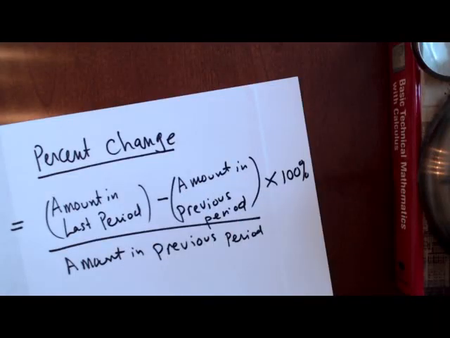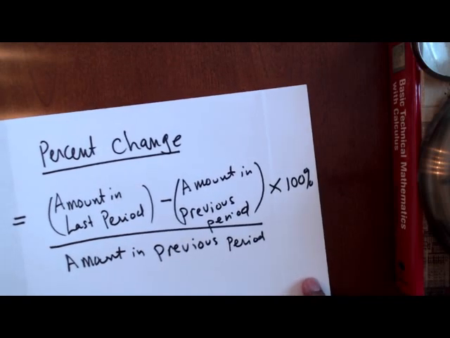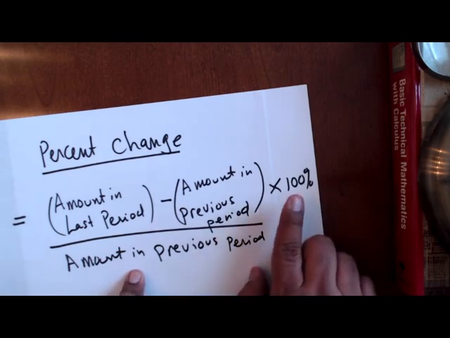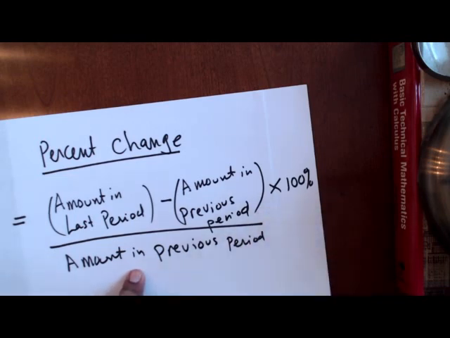An application of percentage can be used to calculate a percent change. When we calculate a percent change, we look at the difference of two numbers divided by a common value, multiplied by 100%.